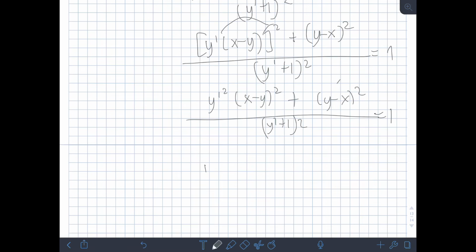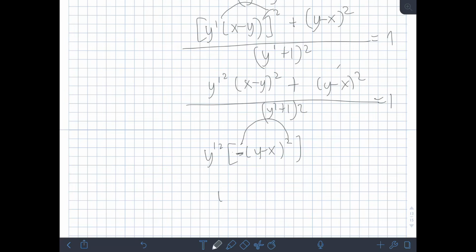Para maging y prime squared times negative of (y minus x) squared. Tapos itong negative, parang mawawala lang din kasi didistribute mo yung squared. So, parang positive na rin siya. So, parang y prime squared na siya. Then, (y minus x) squared plus (y minus x) squared over (y prime plus 1) squared equals 1.